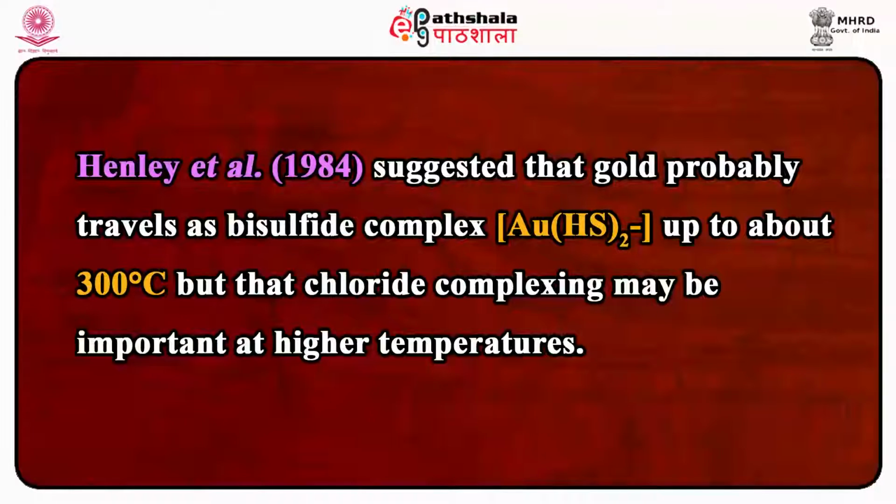Metal transportation. Bisulfide complexes may be important for ore transportation at temperatures below about 350 degrees centigrade. Henley et al. 1984 suggested that gold probably travels as a bisulfide complex up to about 300 degrees centigrade, but chloride complexing may be important at higher temperature.